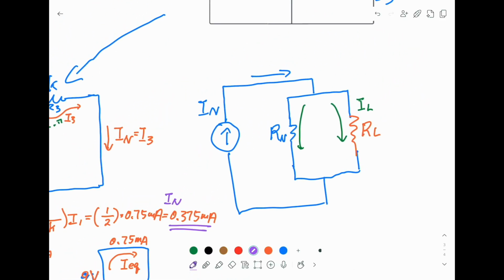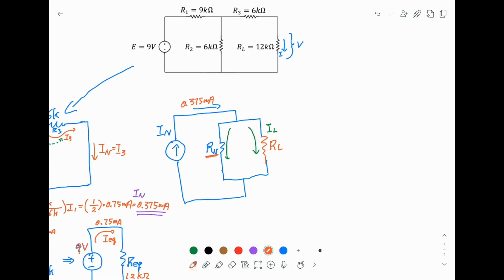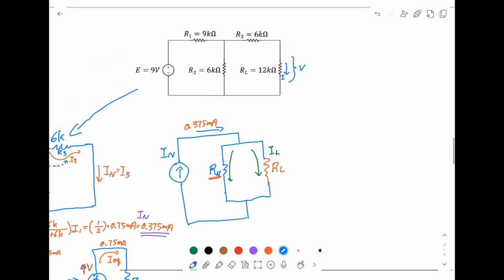Our current source will produce a current which is 0.375 milliamp. Next, we want to find what is the Norton resistance. Now, this actually is easy because it is exactly the same as the Thevenin resistance.